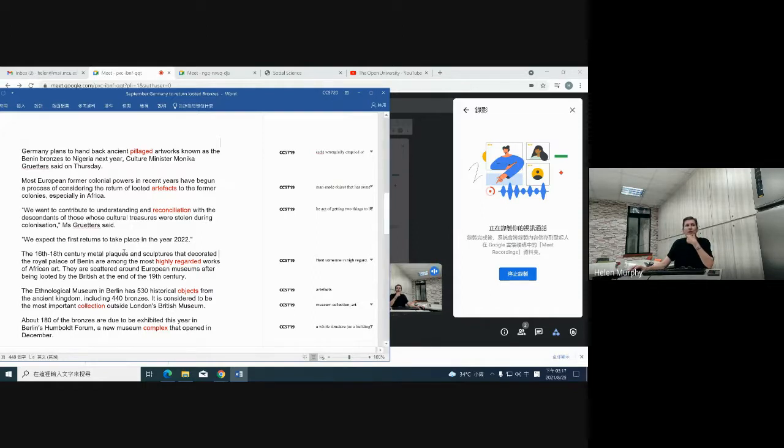The metal plaques and sculptures that decorated the royal palace of Benin are amongst the most highly regarded works of African art. Now, when we say highly regarded, we're using that in the meaning of to respect and admire something. So we say these artworks are highly regarded.